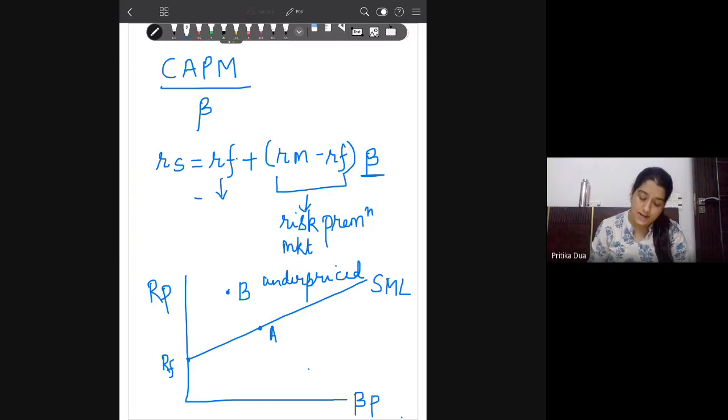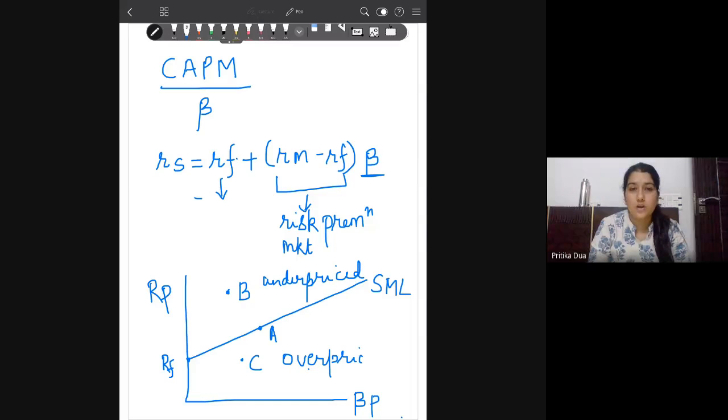On the other hand, any security lying below the SML is overpriced because it is giving you less than the efficient return. Okay, so again, this model can be used to check which of the securities you are holding is efficiently priced in the market.